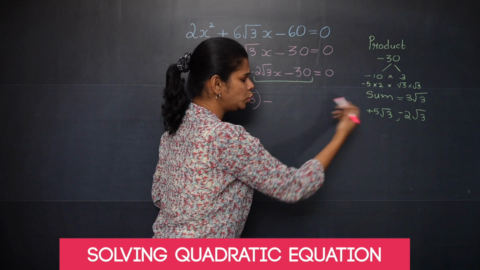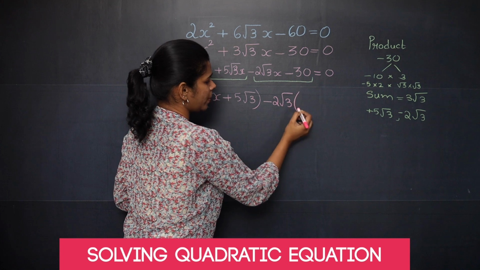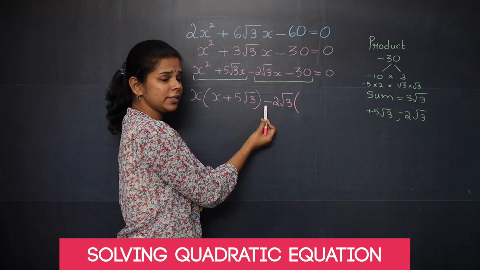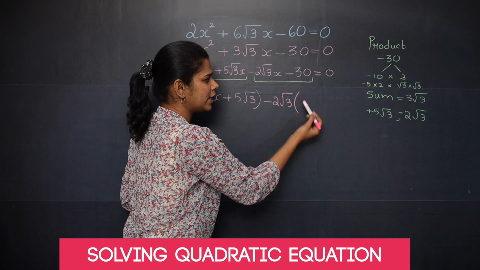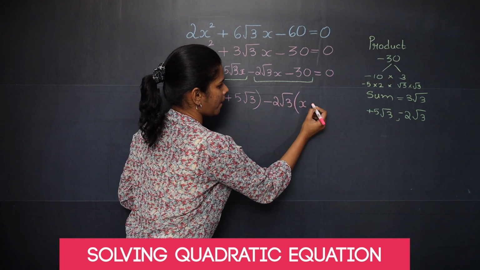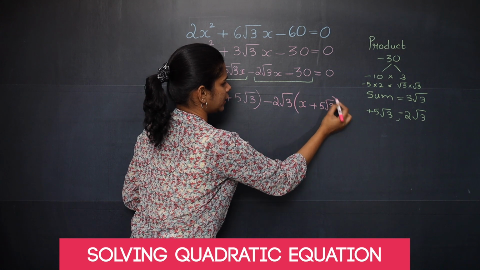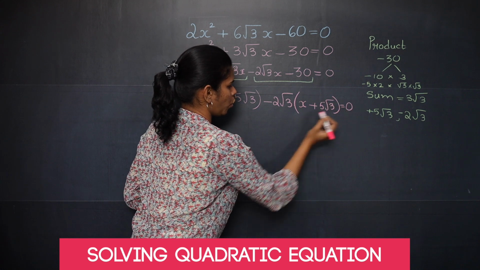So I am going to take 2√3 outside. So also remember, you have minus outside the bracket, so the sign changes. So 2√3 into (x + 5√3), and that is equal to 0.